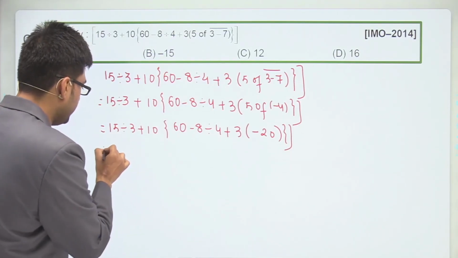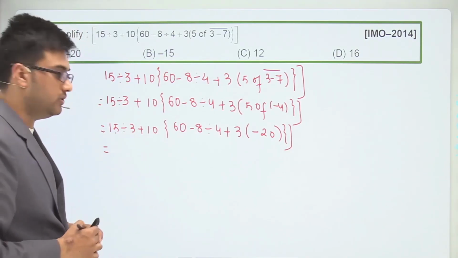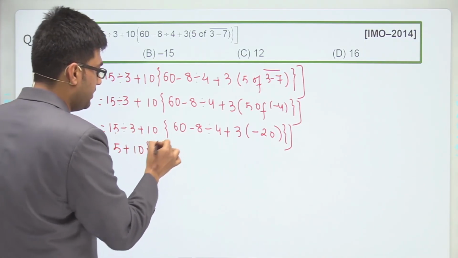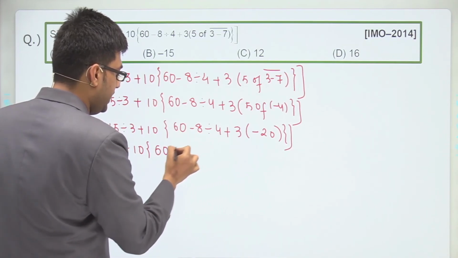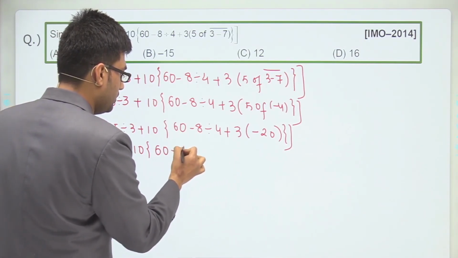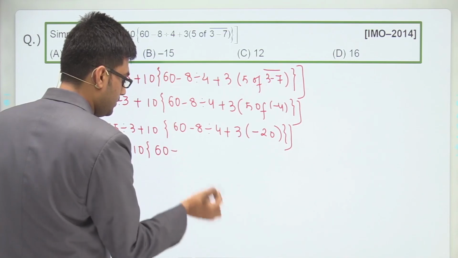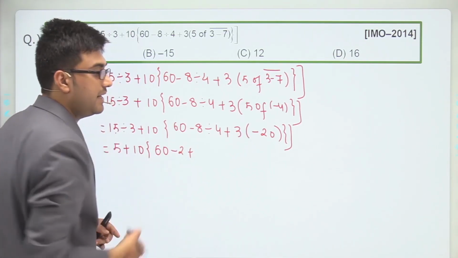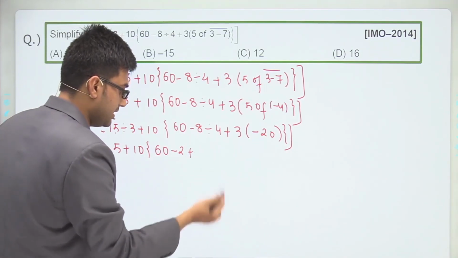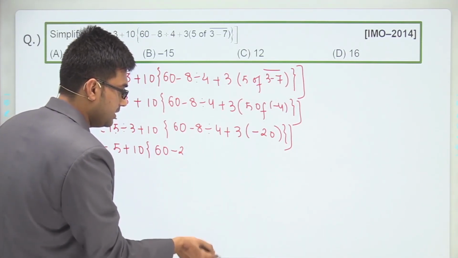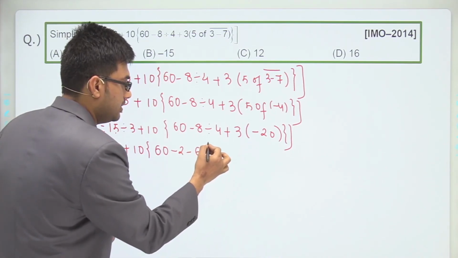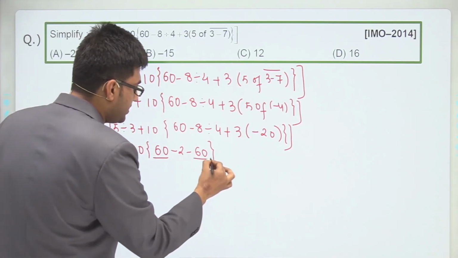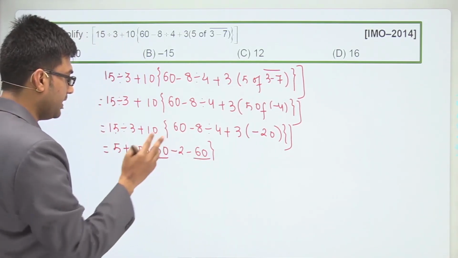Now students, we can write it as 15 divided by 3, so it is 5. 5 plus 10, multiplied by 60 minus 8 divided by 4, which is 2, plus 3 multiplied by minus 20, that is equal to minus 60. So it becomes minus 60. Clear? So students, this 60 and minus 60 become 0, and here we have minus 2 only.